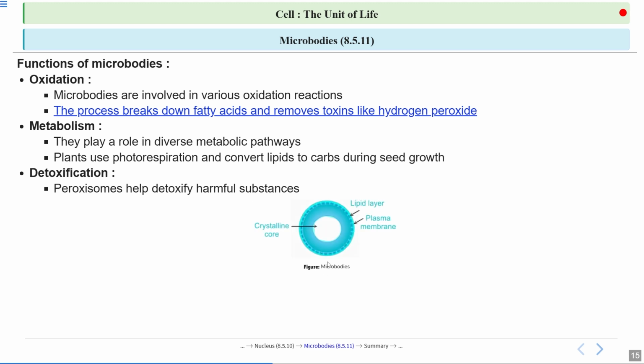Here, this is the image showing microbodies. You must have studied the process of photorespiration. This involves three organelles: mitochondria, chloroplast, and peroxisomes. So you should read that and then you will be able to understand the process of photorespiration.